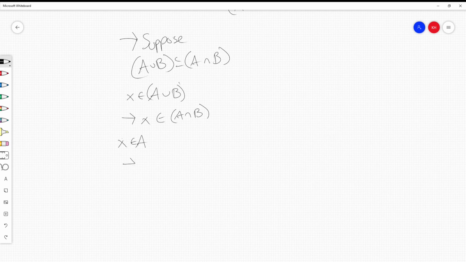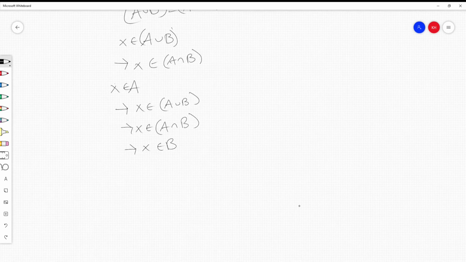This will imply that X is an element of A union B. Follow along from the one that we just made. X is therefore an element of A intersection B. It's going to imply that X is an element of B. And so you can do this for every element that's in A, and you can do this for every element that's in B. Whatever's in A is in B, and vice versa.